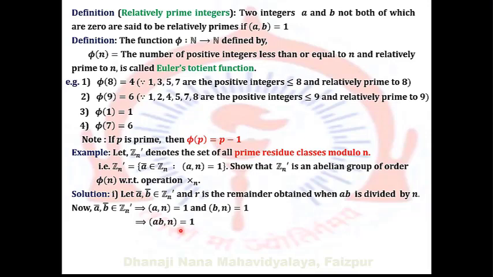So as GCD of A, B and n is equal to 1 and R is the remainder obtained when A into B is divided by n, therefore GCD of R and n is also equal to 1, because here AB is congruent to R modulo n. So as GCD of R and n is equal to 1, by definition of Zn dash, R bar belongs to Zn dash.